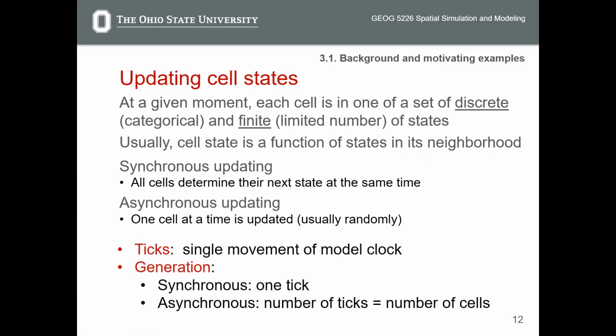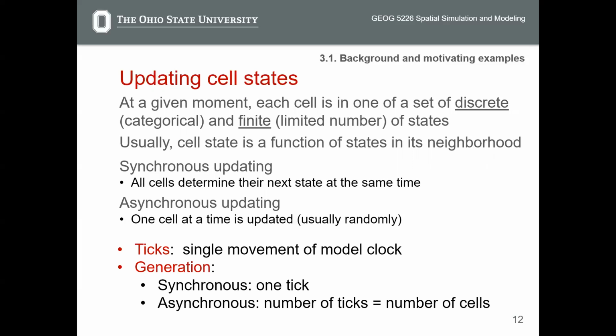And a tick is a single movement of the model clock. It is used to address time. And let's define generation. For synchronous updating, one tick is a generation. That's a convention. For asynchronous updating, a number of ticks equal to the number of cells.